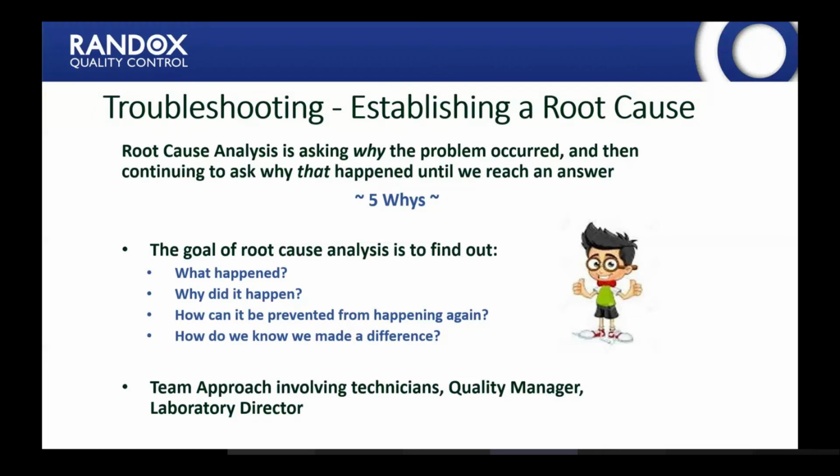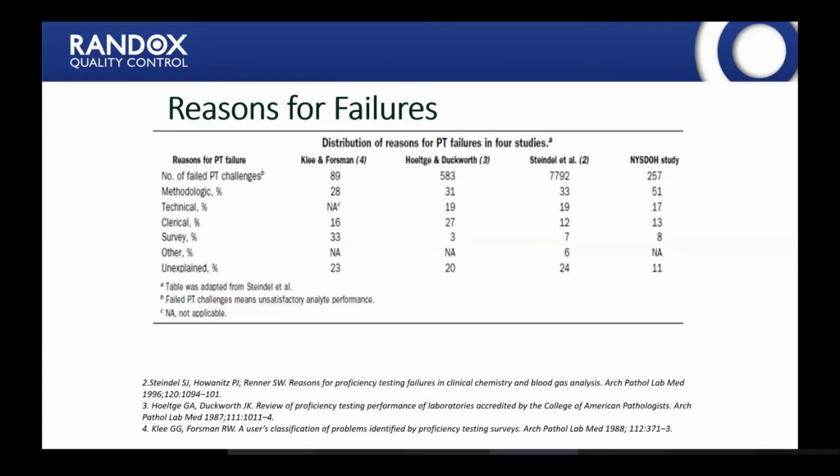There's always a human impact in all of this, which we often find as we determine what the root cause is. But really what you need to do is have a system in place that looks into this. So it's not just a simple question of finding out what the problem is, but determining the actual root cause. If we look for reasons for failures, this was a study that was done. It's quite old now. It's back from 1988.